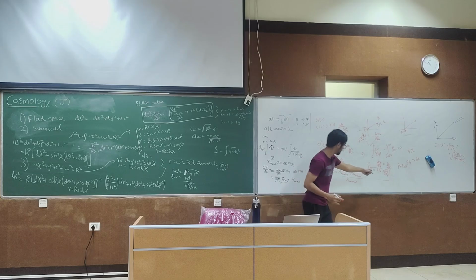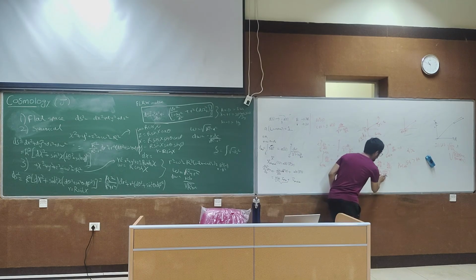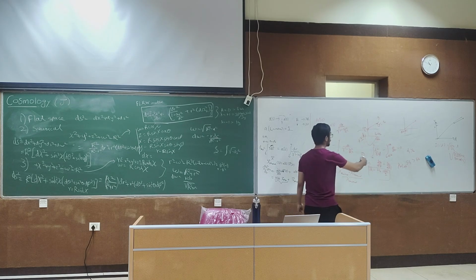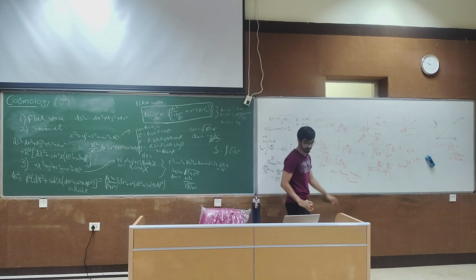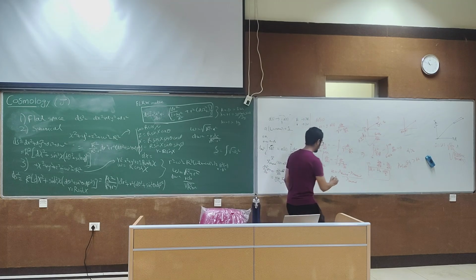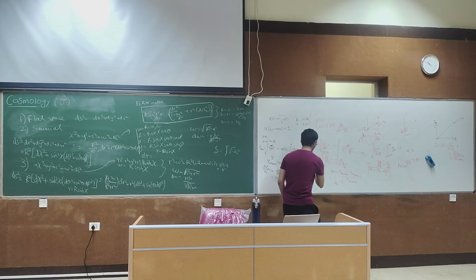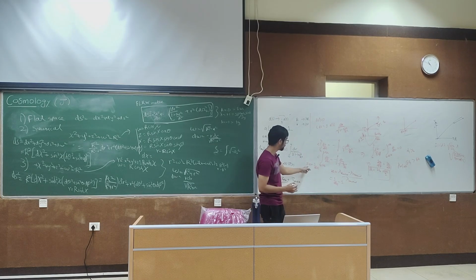If you put in the math here, a of t naught can be replaced by 1, because t naught is considered now. We get the formula z plus 1 equal to 1 by a of t1. So this is the redshift.